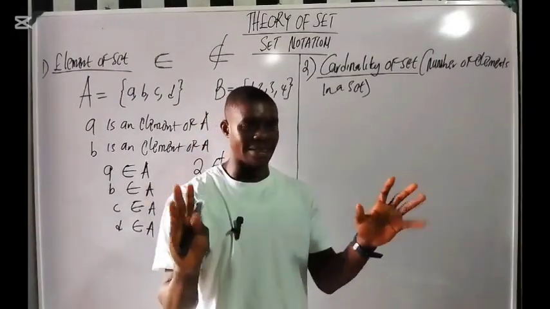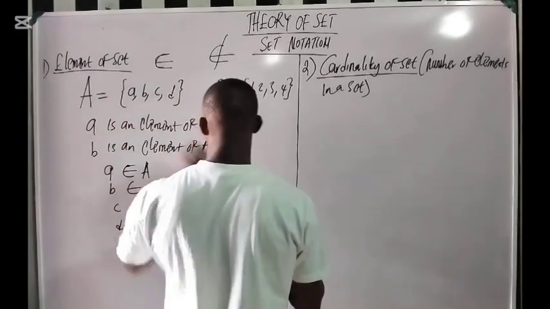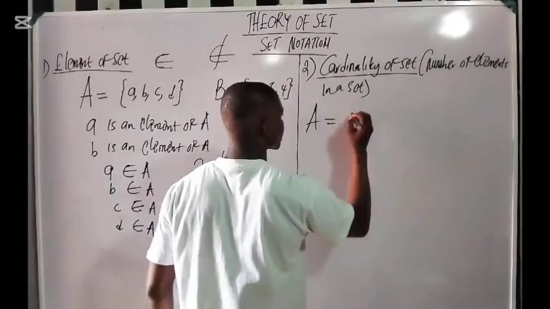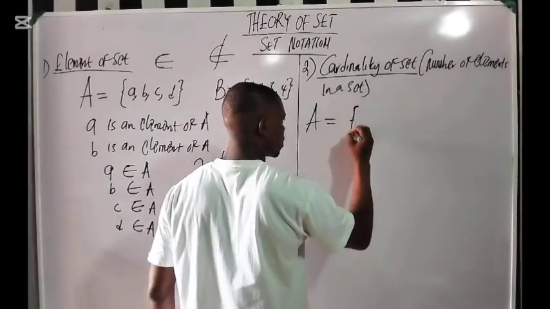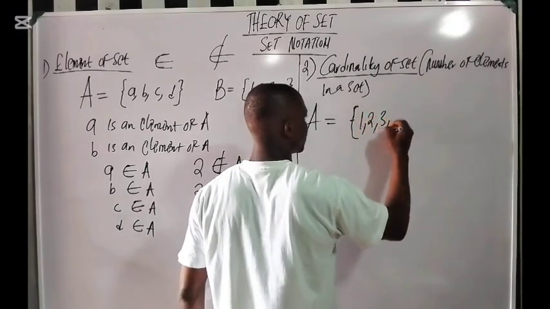For example, here we have A equals 1, 2, 3.